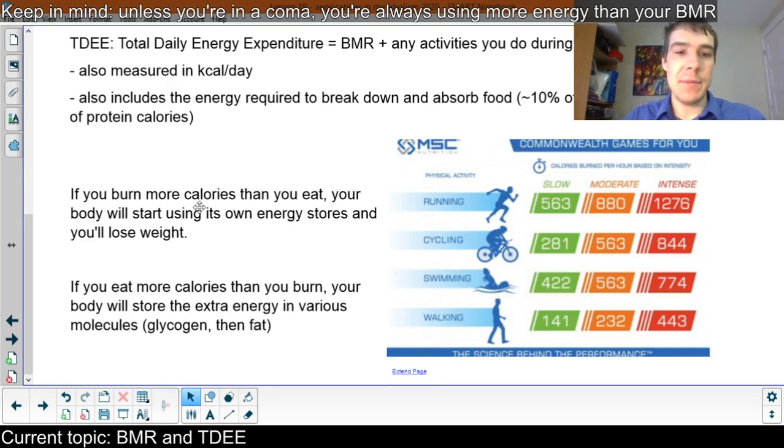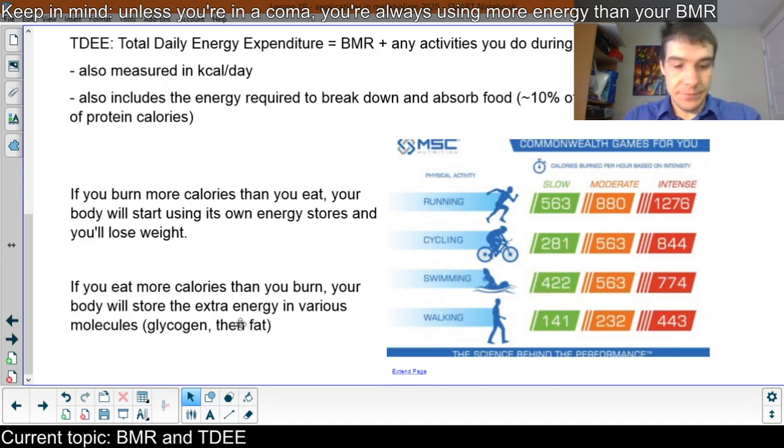It wants to have some energy stores in case there are times when you're not going to eat as much as you use. So if you end up eating more calories than you burn, that gets stored in glycogen. And then once your glycogen stores are good, your liver starts turning it into fat.